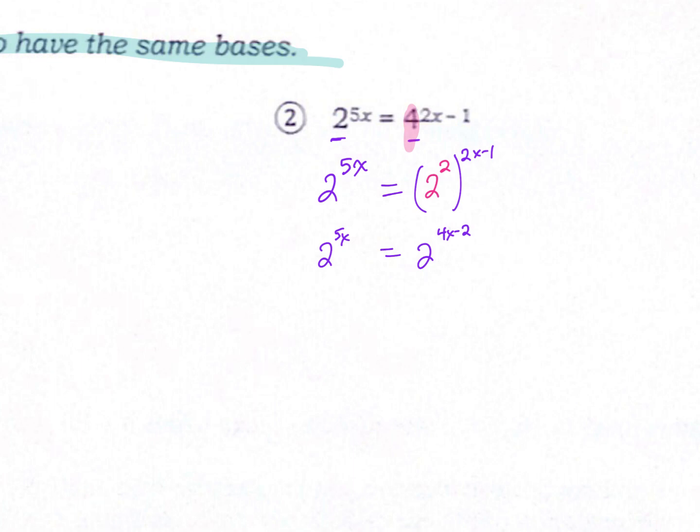Notice I multiplied the 2 times both of those terms. Okay. So then we know that those two things have to be equal to each other. So 5x is equal to 4x minus 2. And then we're just solving for x.